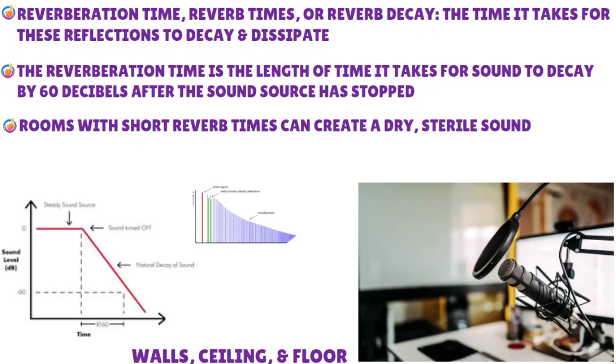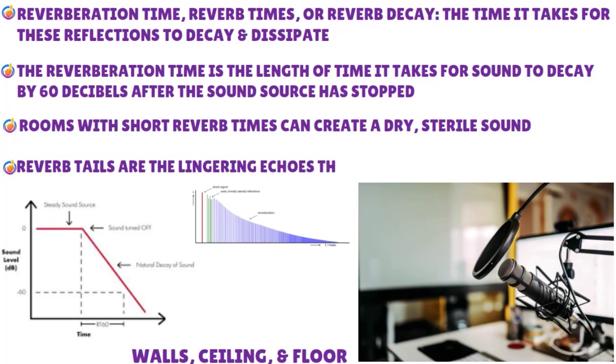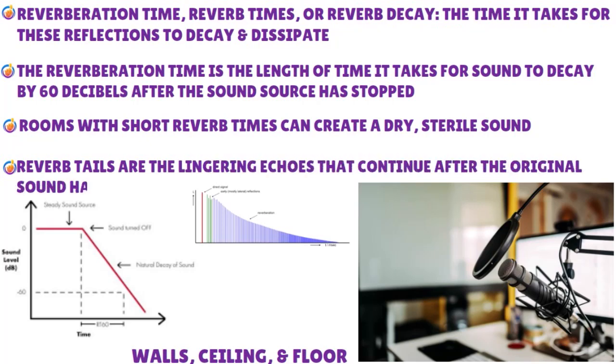I want to also talk to you about reverb tails, because this is another term that you might hear if you anticipate fixing your reverb, or let's say mitigating reverb in a room. So reverb tails are the lingering echoes that continue after the original sound has stopped. They are an important part of the overall sound of a recording and can greatly affect its perceived quality and depth, especially when your listeners use devices to hear your sound.